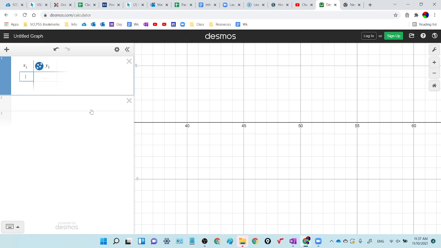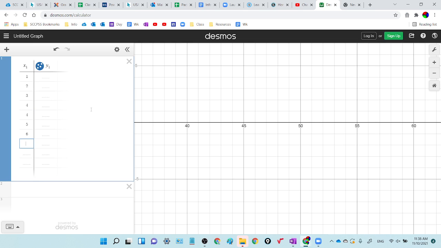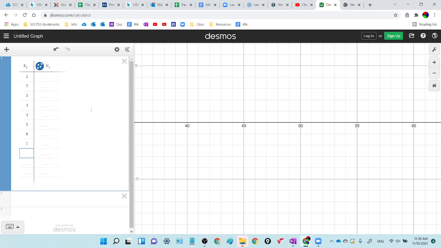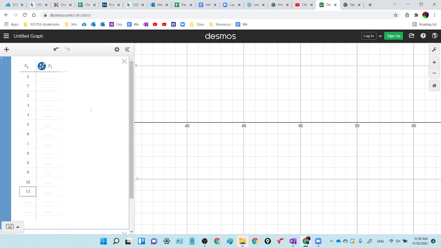Okay, so let's put 1. I enjoy typing vertically, so I will put all the input numbers. 1, 2, 3, 4, another 4, oops, 4, enter, and then 5, 6, 7, 8, another 8, 9, 10, 11.